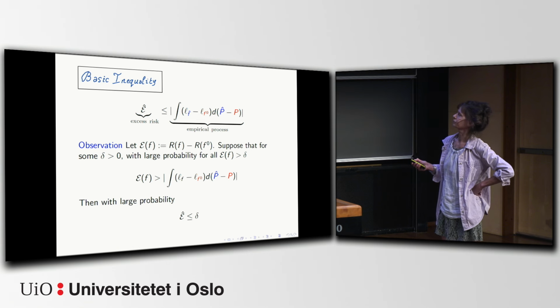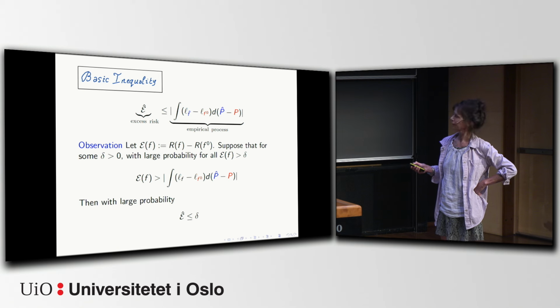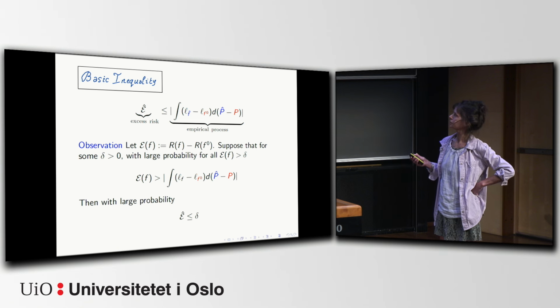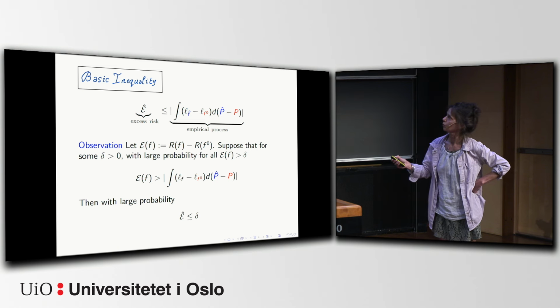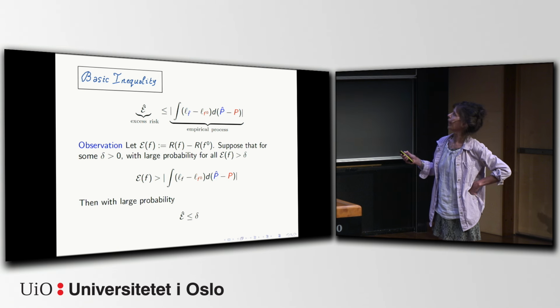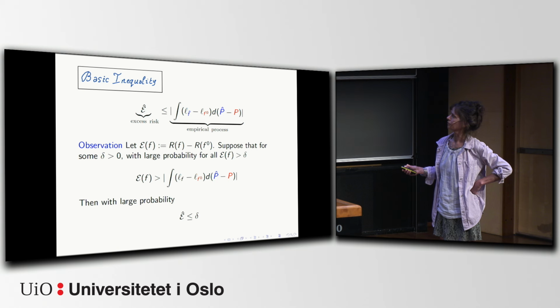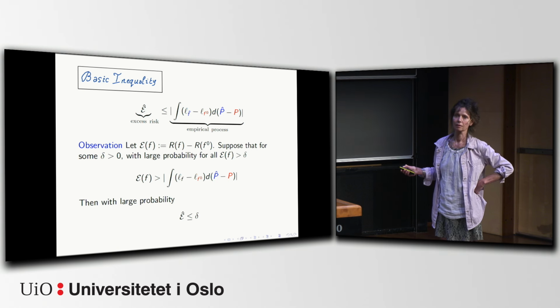I'm formulating it like this. Suppose you want to prove that the excess risk is bounded by something small, like delta. Then what you can show is, if you have a function for which the excess risk is bigger than delta, then this will not hold. And hence, your excess risk will be less than delta.